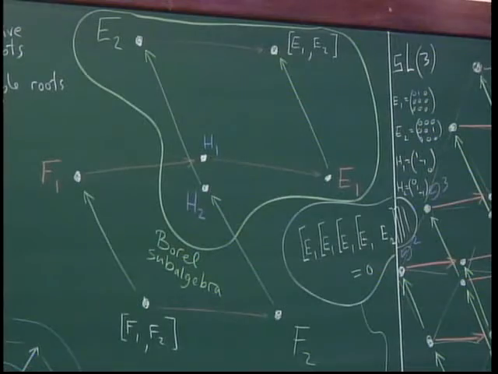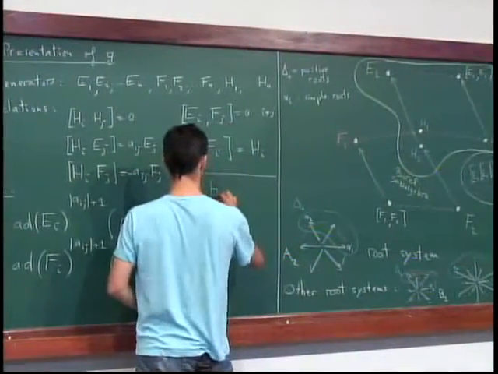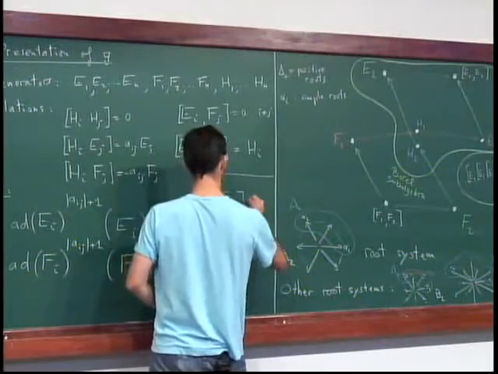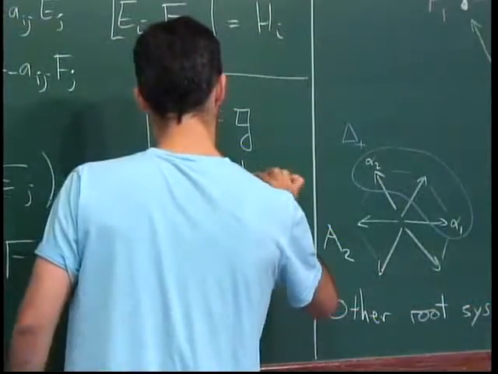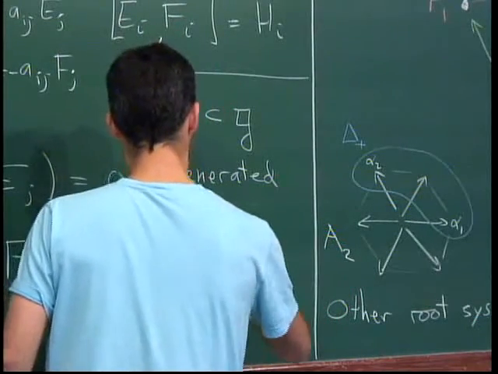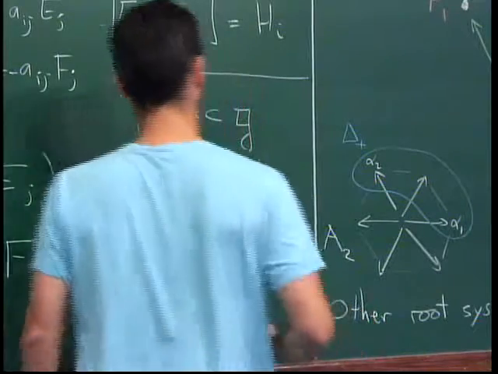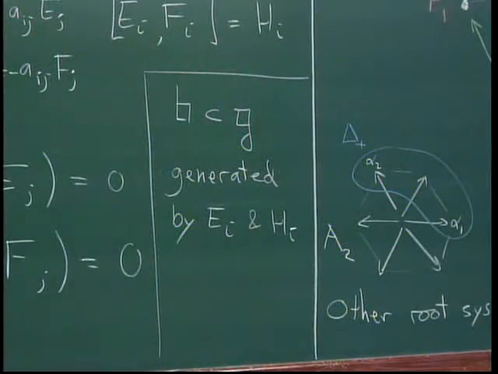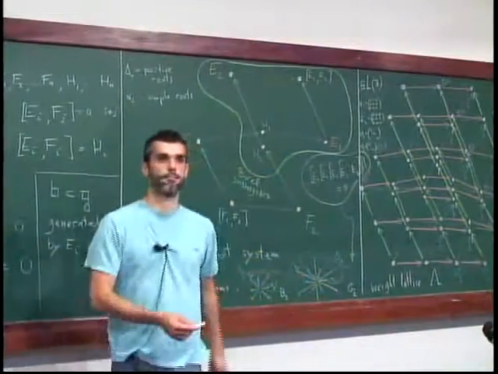So the EIs and HIs but no FIs. So you have all these positive roots and then all the H's that live here, and that's it.